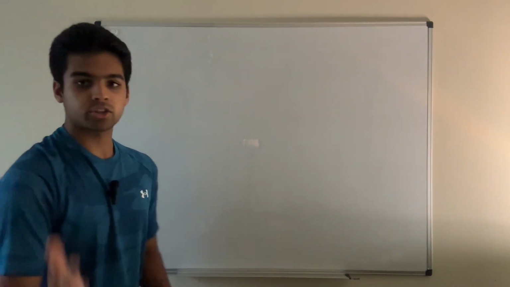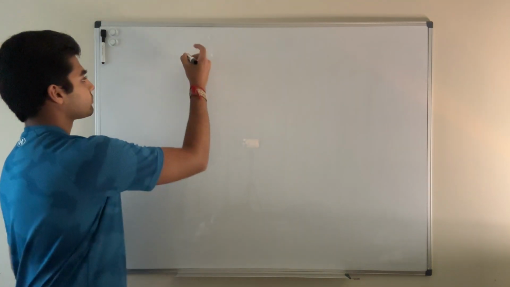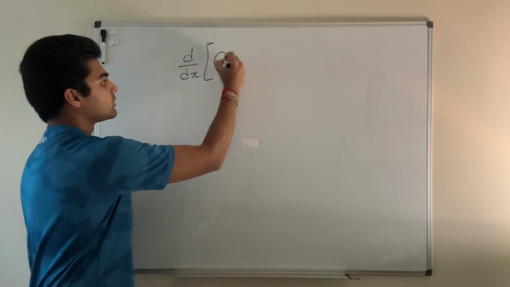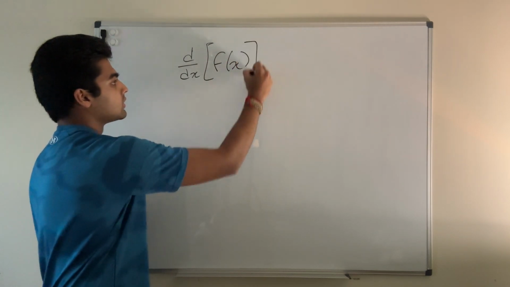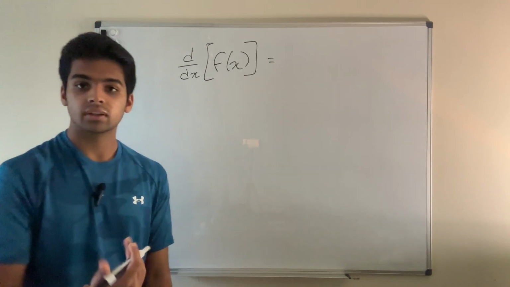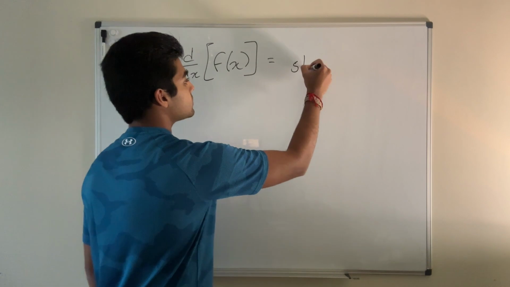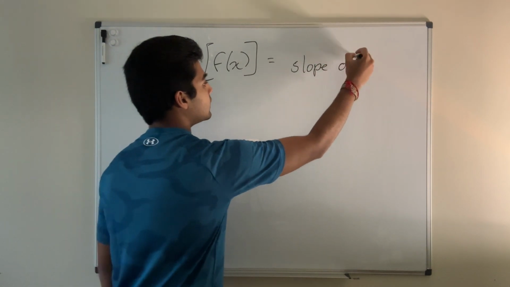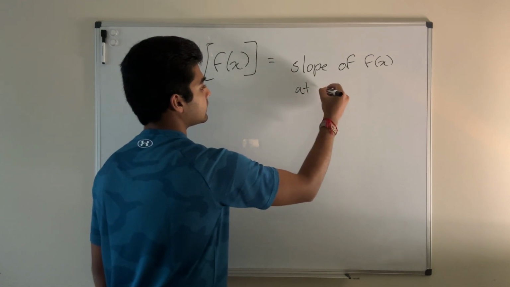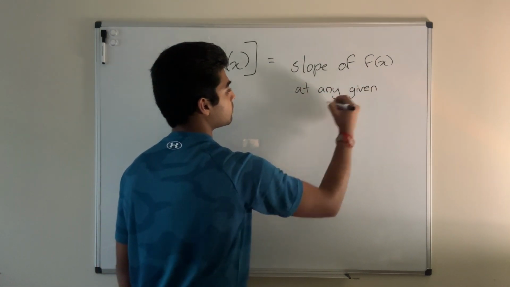So let's backtrack for a bit and just remember what a derivative is, right? If you remember, the derivative of any function, f of x, is basically the slope of f of x at any given point.